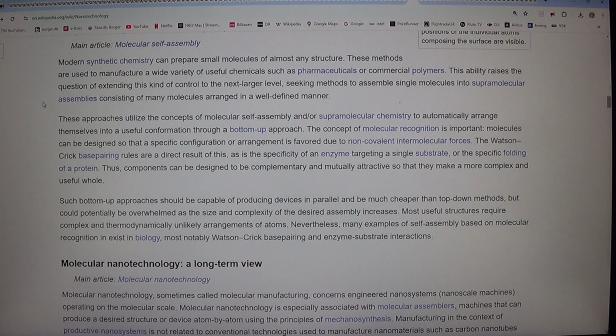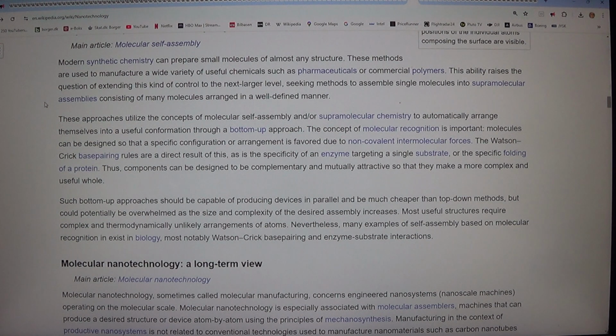This ability raises the question of extending this kind of control to the next larger level, seeking methods to assemble single molecules into supramolecular assemblies consisting of many molecules arranged in a well-defined manner. These approaches utilize the concepts of molecular self-assembly and/or supramolecular chemistry to automatically arrange themselves into a useful conformation through a bottom-up approach.